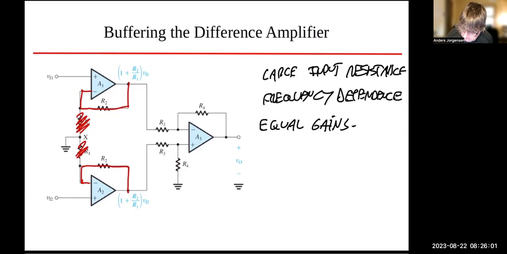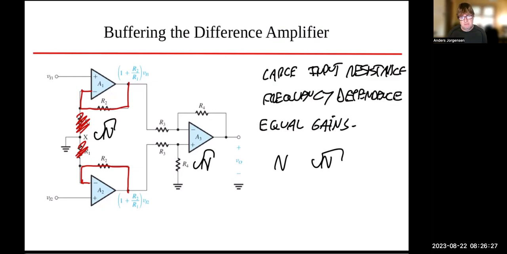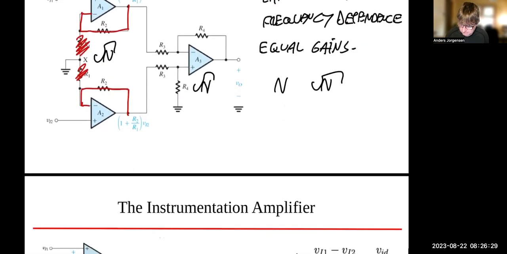And we will see very shortly why that is the case. And so what we really want to do is, if we have a total gain of N that we want for our amplifier, then you would want a gain of square root N on this stage, and then a gain of square root N on these two amplifiers as well, okay?